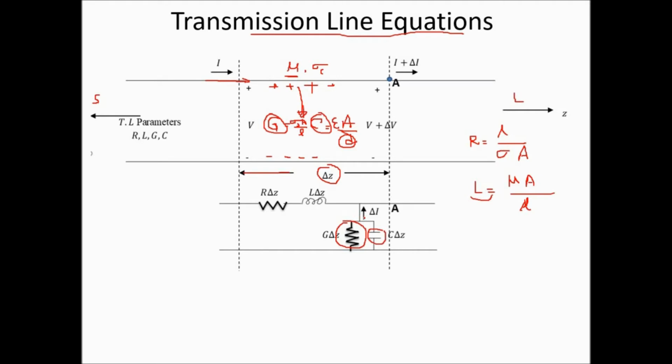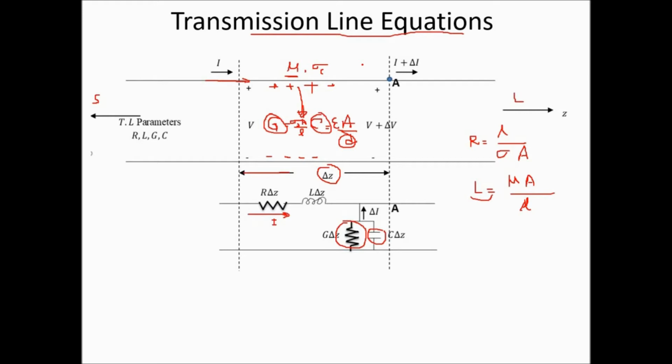So this is my current delta I, and the incoming current is I. The voltage here is V, and here is V plus delta V. Now we are going to write Kirchhoff's voltage law and current law. We are not trying to find the wave equation in terms of electric field or magnetic field.